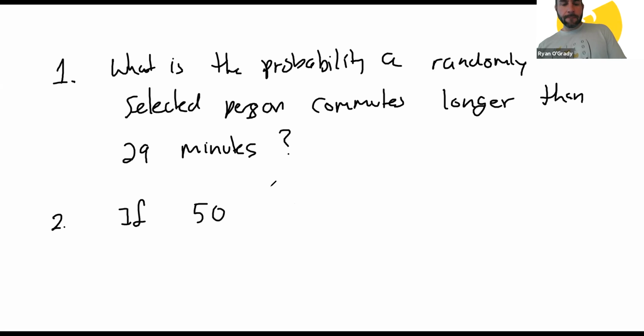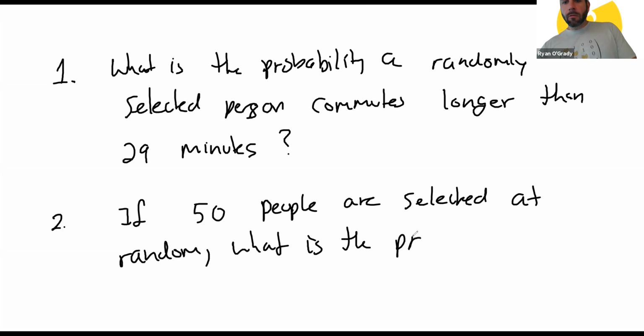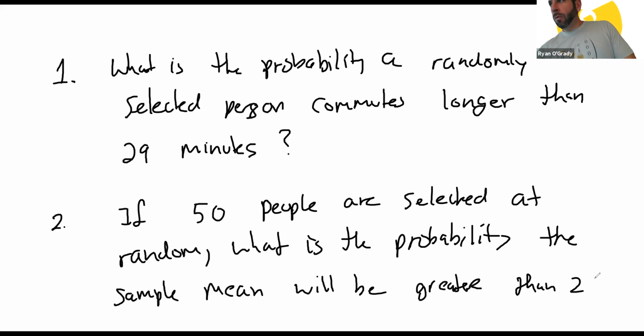If 50 people are selected at random, what is the probability the sample mean will be greater than 29? Do you understand the distinction?